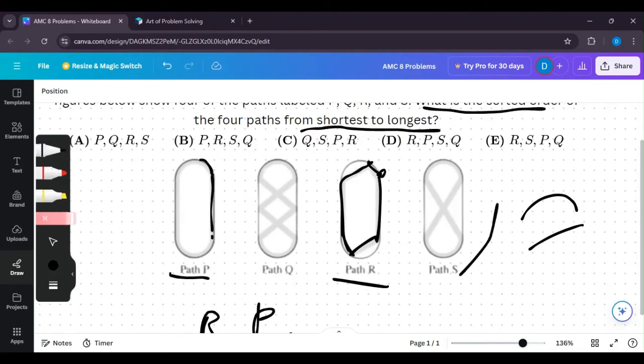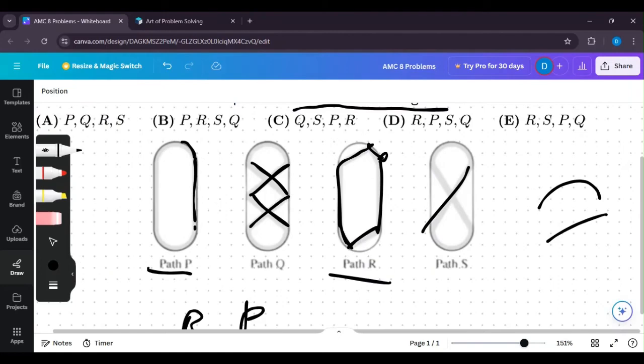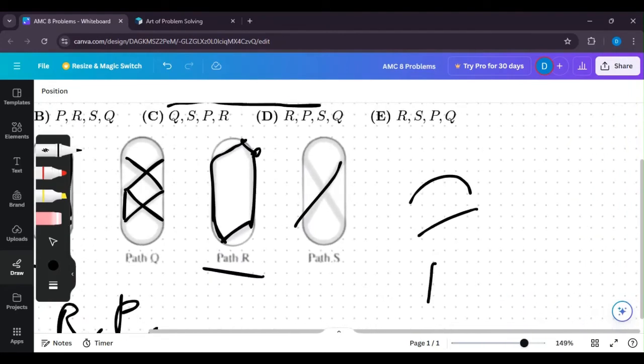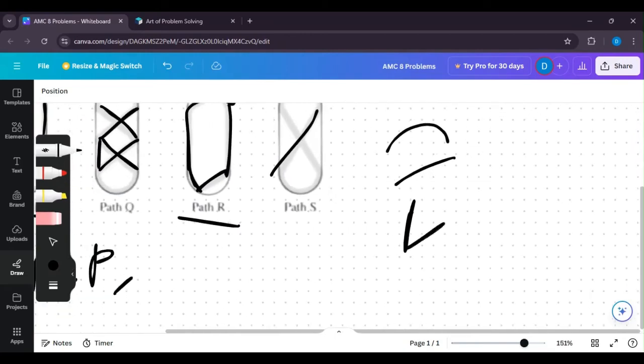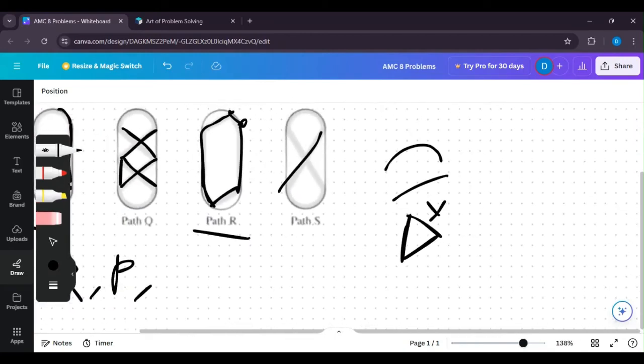And the reason why path S is third is because path S is not taking as many slanted routes as path Q. This path Q has multiple slanted routes. As you see, we can prove once again that slanted routes are slower with a simple triangle figure.